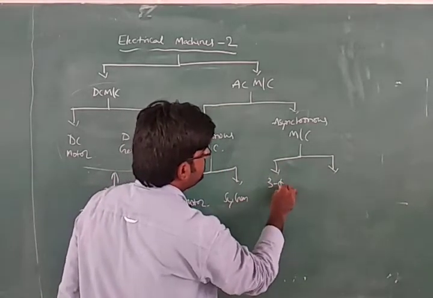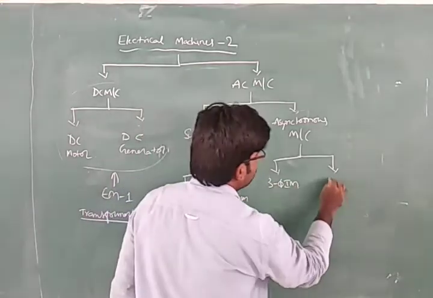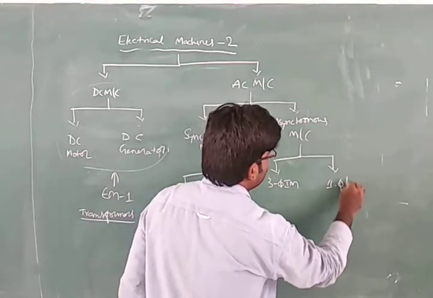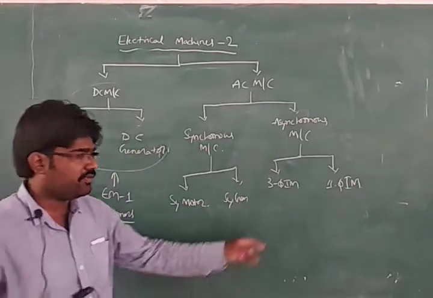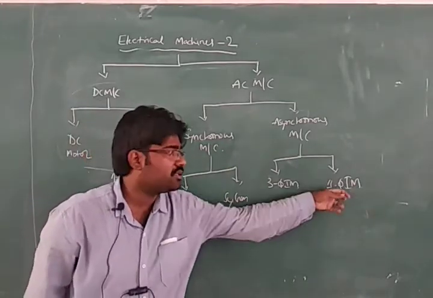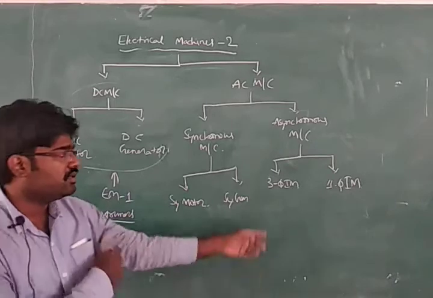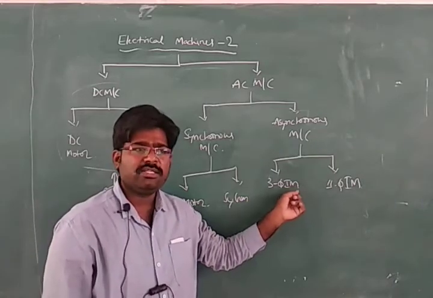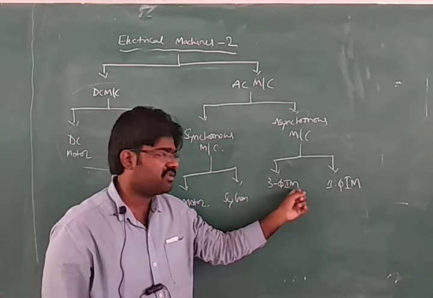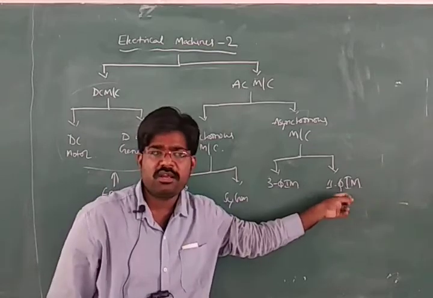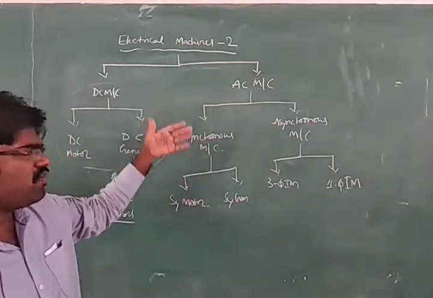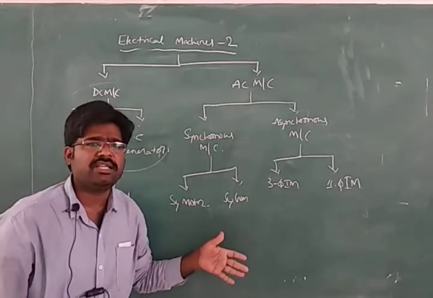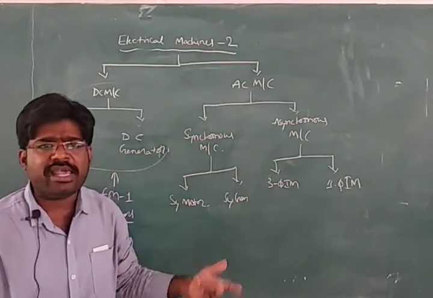Asynchronous machines are classified into three-phase induction motors and single-phase induction motors. If the machine is taking three-phase supply, then it is a three-phase induction motor. If the machine is taking single-phase supply, then it is called a single-phase induction motor. So this is just an overview of the electrical machines classification to get a clear picture.